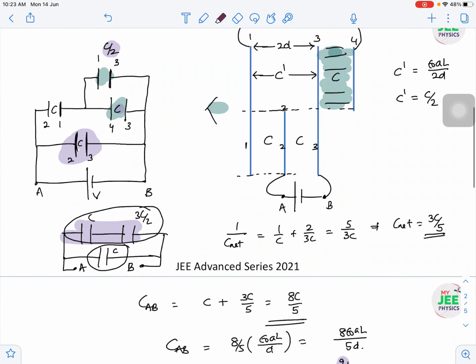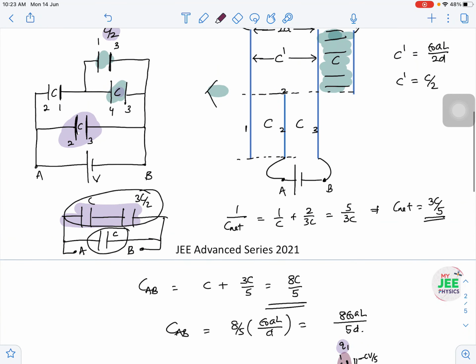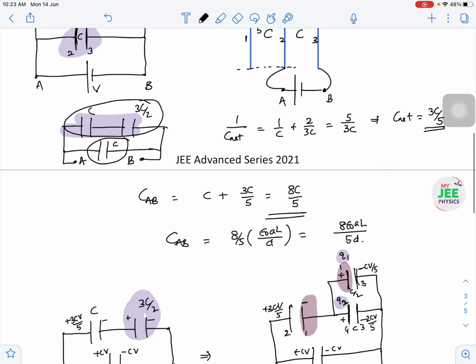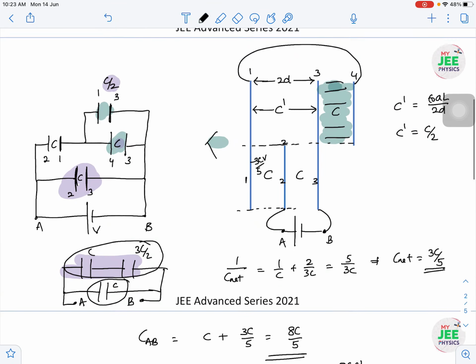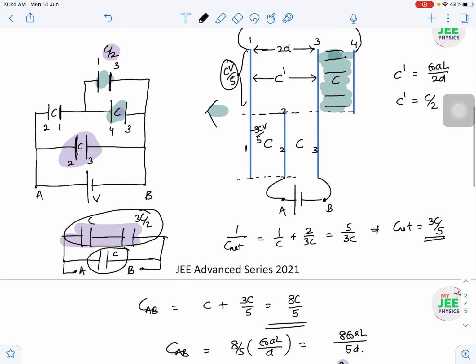Which is the first and second capacitor. If you take the first and second capacitor, this will carry minus 3CV by 5 charge in this region, and the above region will be positive, which is CV by 5. So this region will have CV by 5 charge, obviously inside, not outside. I have just drawn it outside, but this is the case.